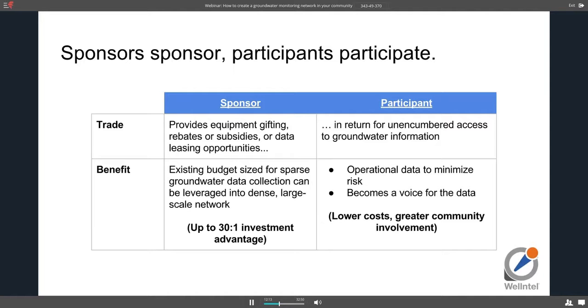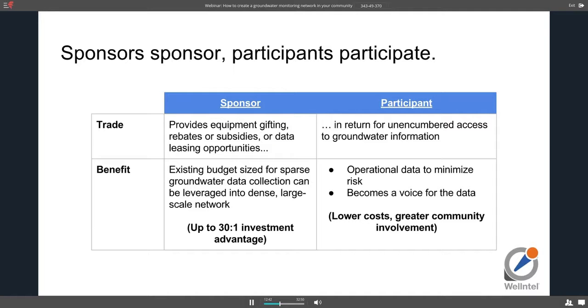So instead of complex networks of wells that depend on people to be dispatched to go take measurements once in a while, or instead of expensive in-water equipment that's not allowed on domestic wells and is difficult to apply telemetry to, what happens with sponsored Wellntel community networks is that an existing budget that was sized for sparse data collection can now be leveraged into very dense, large-scale networks.